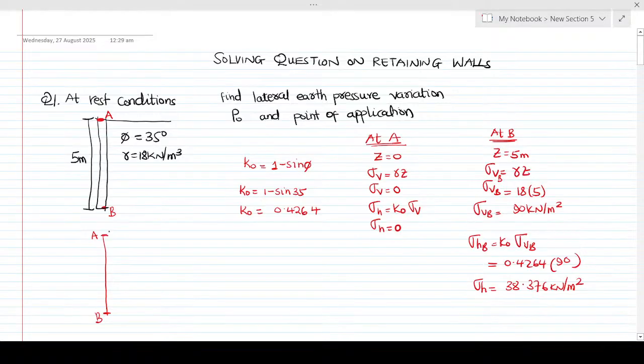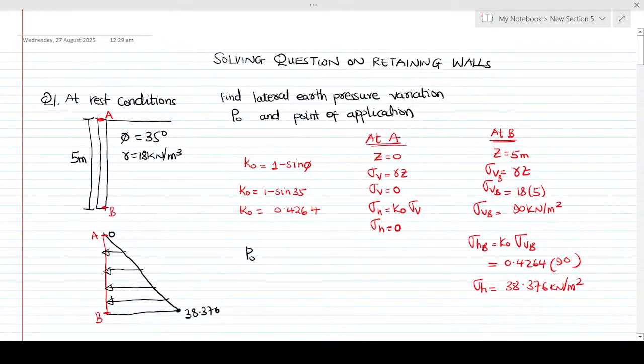At E it is 0, at D it is 38.076. So we just, right, so this will be the variation of the pressure along the line.